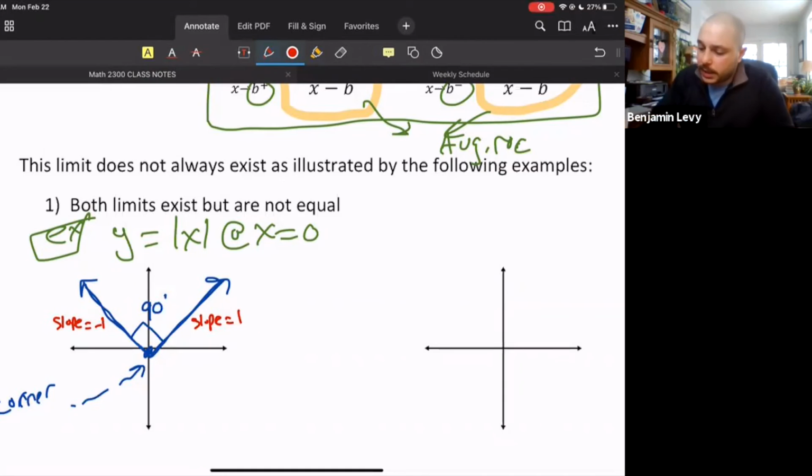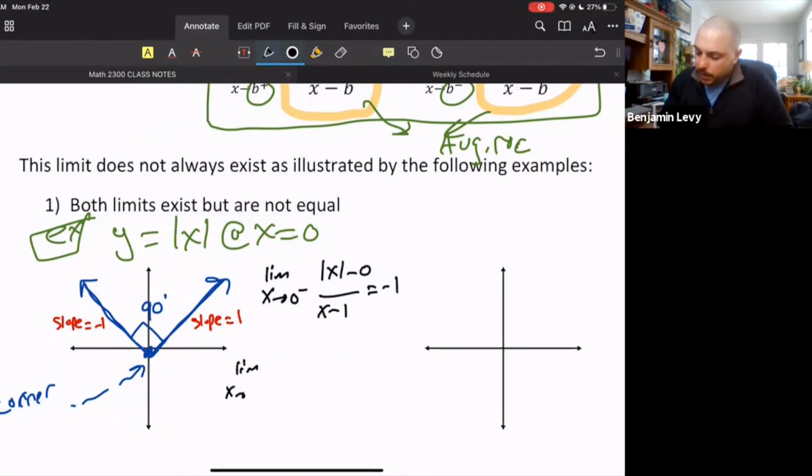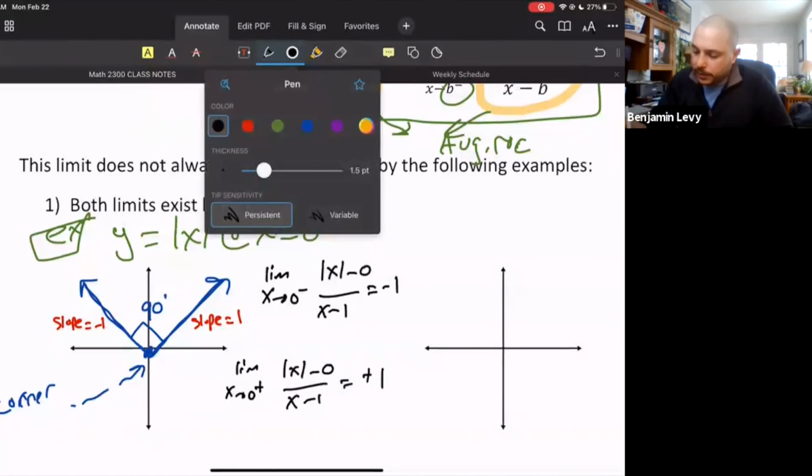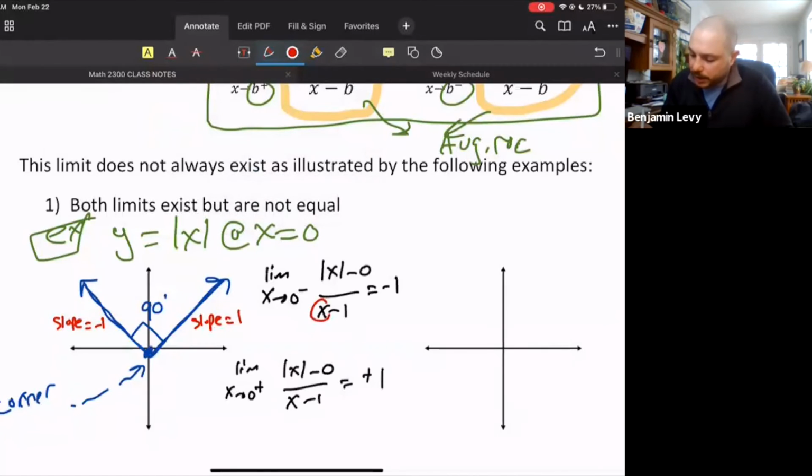And so what I'm trying to say, and what the issue in this particular one is, if we did the limit as x approaches 0 from the left, we would get this, and that's going to equal -1. And if we did the limit as we approach 0 from the right, we get the same function, except we'll end up with a +1. The difference is because this thing ends up being negative, right? Because we're approaching from the left.